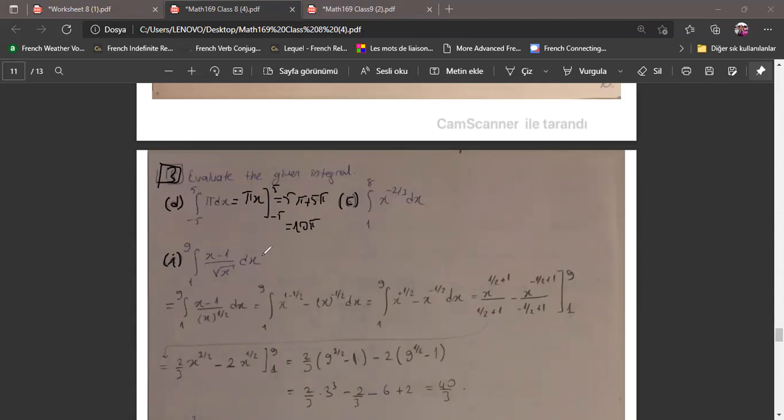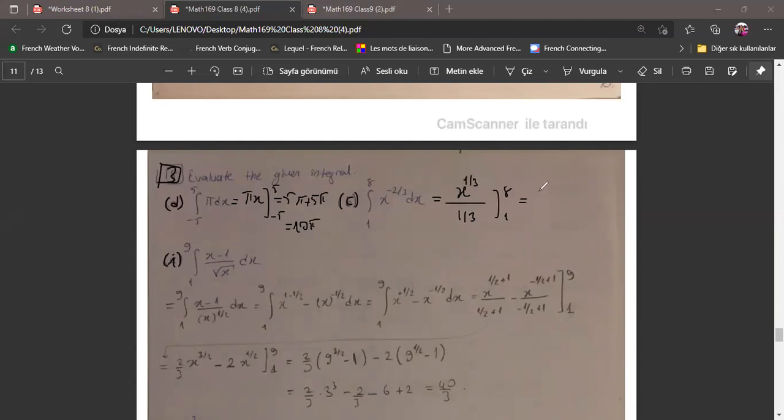These are pretty simple. Let's just solve them and pass to the next question. So how do you find it? We have x to the -2 over 3 plus 1 over the same power here, right? So if you add them, you will get 1 over 3 from 1 to 8, okay? So let's write here again, 1 over 3.